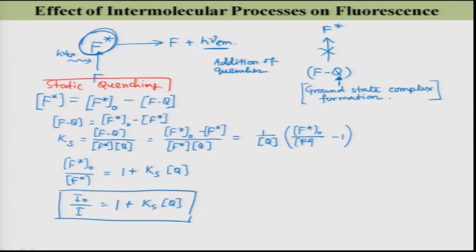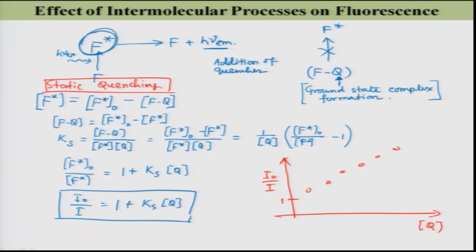In this case also, if you plot the fluorescence intensity, or the ratio I 0 by I, versus concentration of Q, you will also see a straight line with intercept 1, exactly the same. Now, the question is how we are going to distinguish whether it is a static quenching or a dynamic quenching.